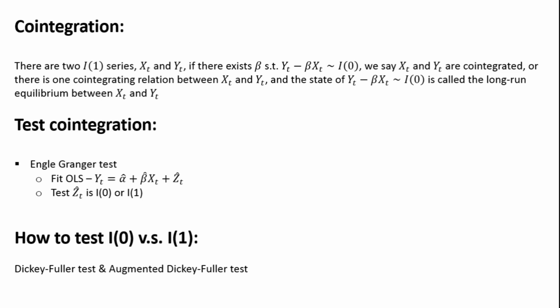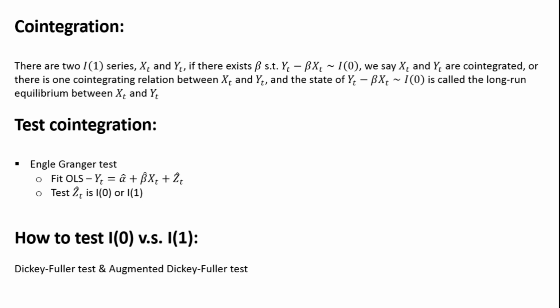If there exists a beta so that yt minus beta xt is stationary, we say xt and yt are cointegrated, or there is one cointegrating relation between xt and yt, and yt minus beta xt, which is stationary, is called the long run equilibrium between xt and yt.